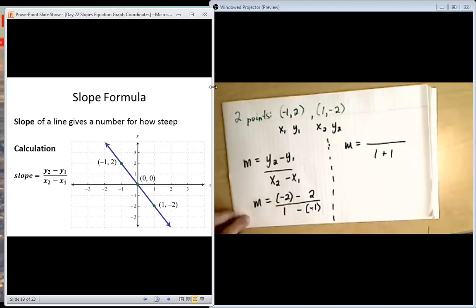So where are we at now? 2 minus 2 on the top. Yeah, that's what we're checking out. What's that going to be? These aren't multiplied. It's like -2 subtract 2. No multiplying though.